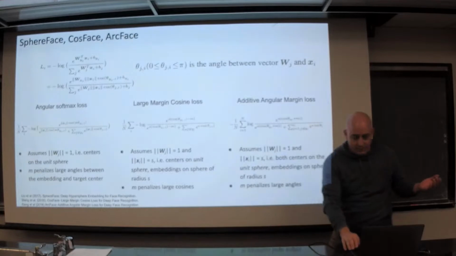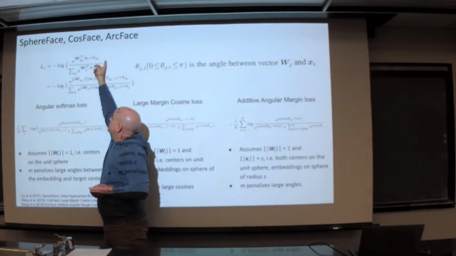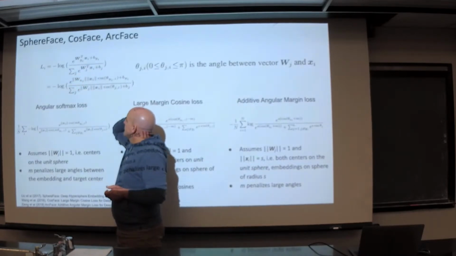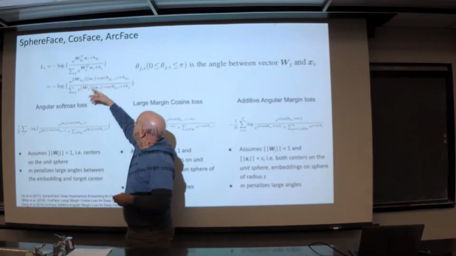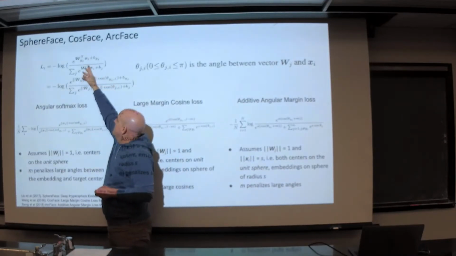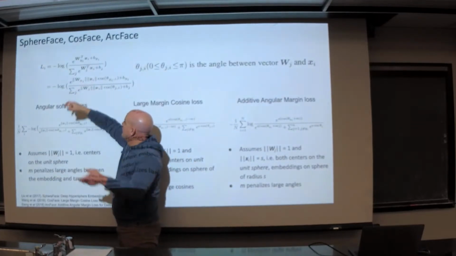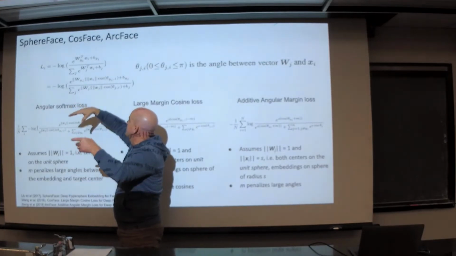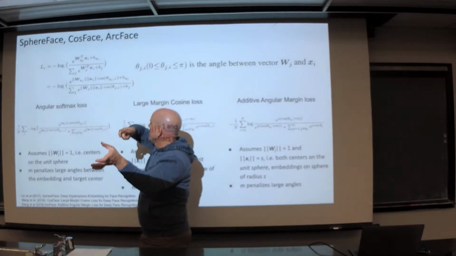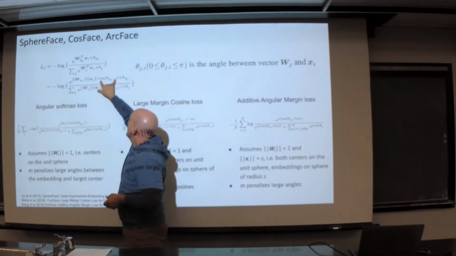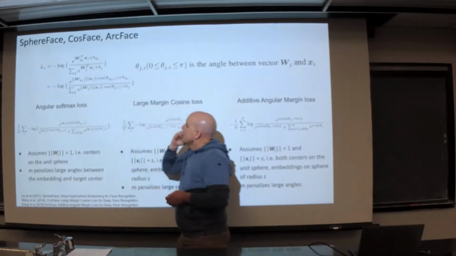If you go back and look at, I have it up here, here's your softmax loss, and it turns out if you just know your math identities, you can write these dot products as the product of the length of the two vectors involved, and then the angle that's made between them. And there's this bias term out there.